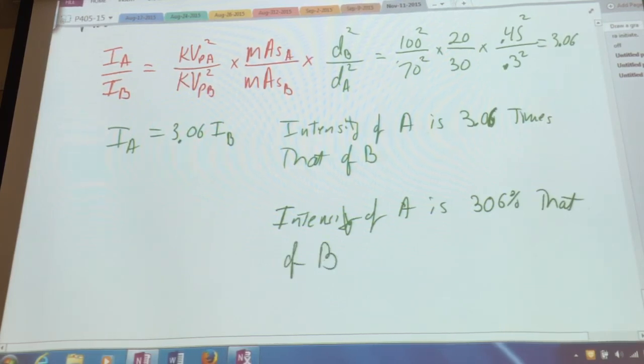Getting used to those strange ways that these phrases come up.